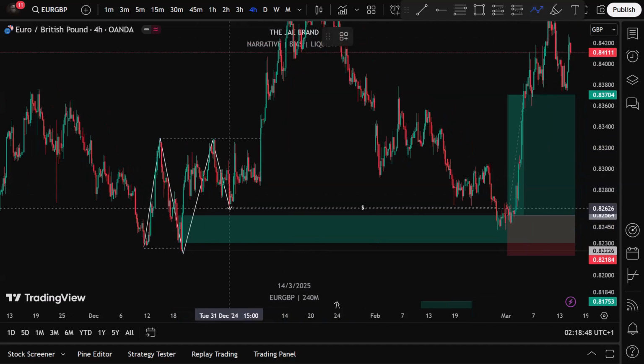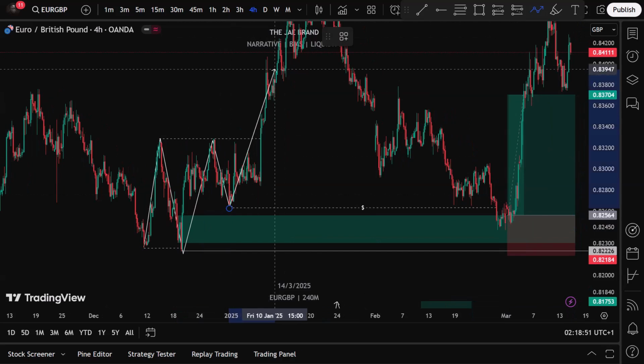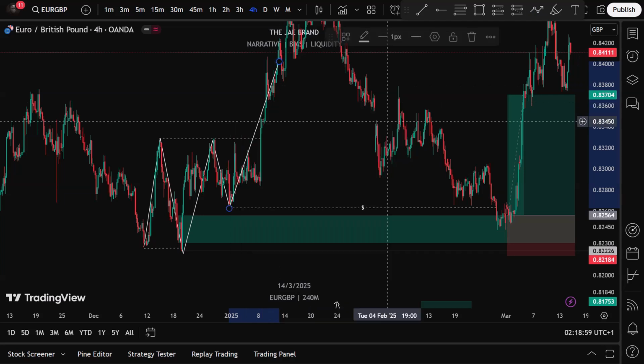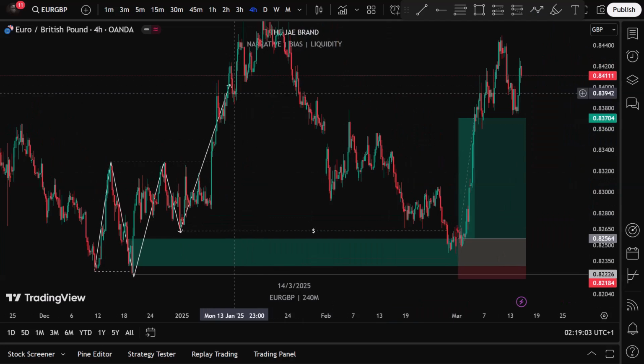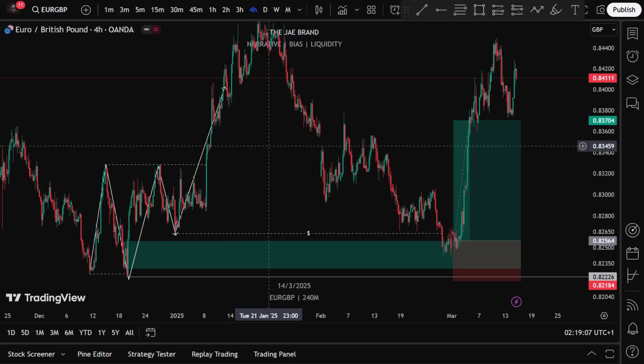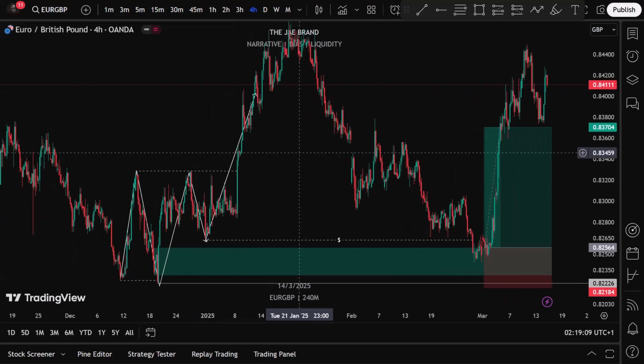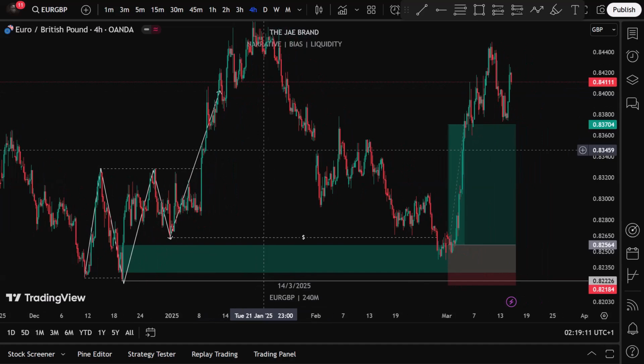And then price broke above this recent high, which has actually made us confirm that this market is going to be bullish.